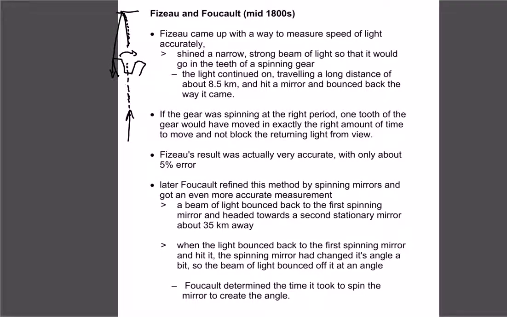So all he would do is figure out the time that it took to spin the cog one turn, and then he used that time to figure out what the actual speed of light is based on the distance that it traveled and the time that it took to spin. And he actually got a pretty good answer, so he was only about 5% off of what we accept today.